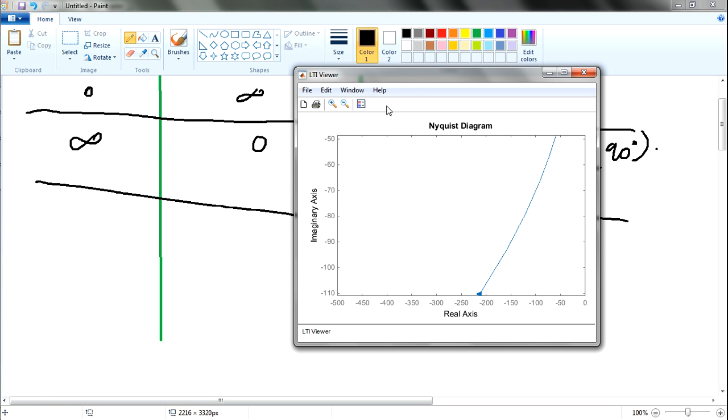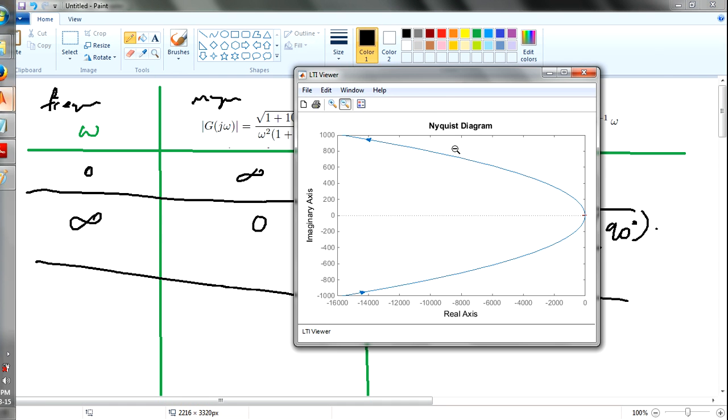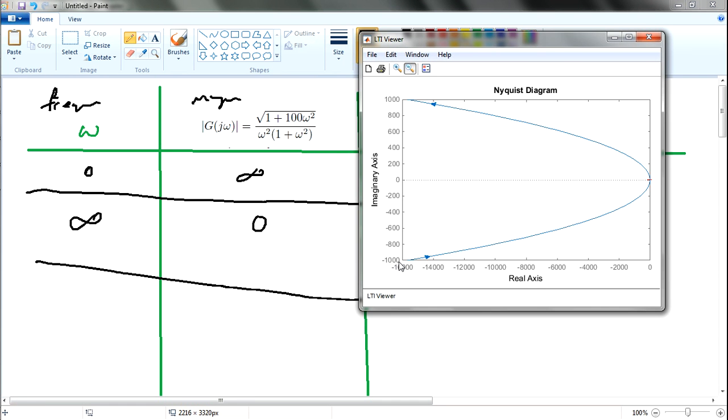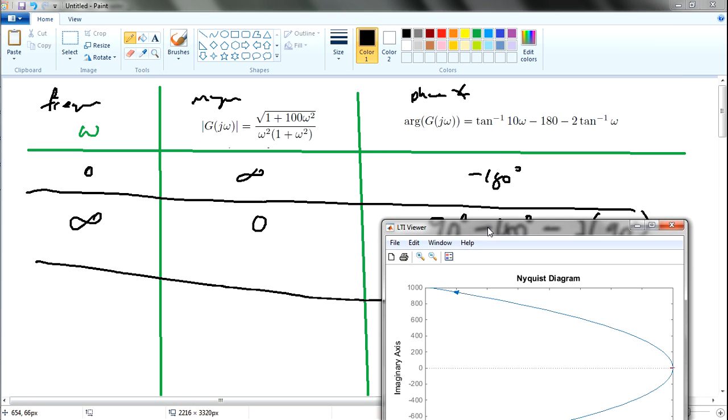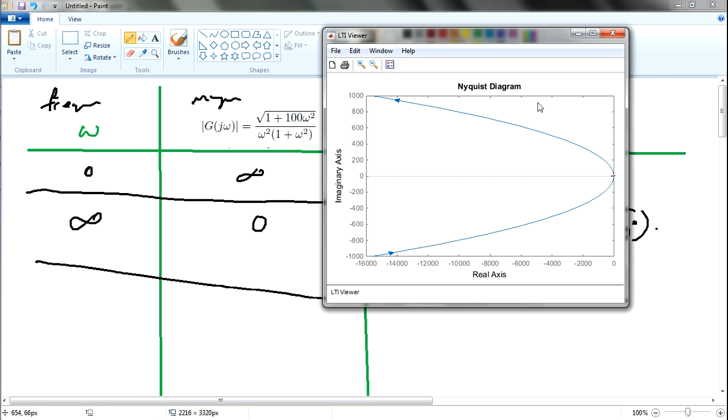Hold on a while. Never mind. I can't actually show you the points because the values are too large. As you can see, if omega is equal to 0, the magnitude is infinity, and it is negative 180 degrees. So how is it going on?